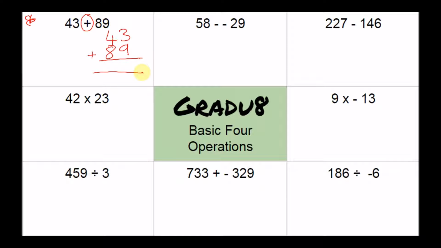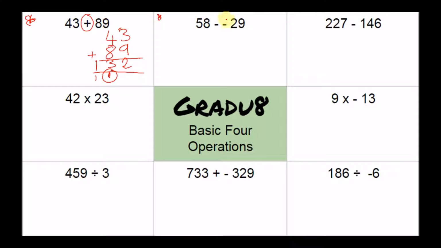So I've got 3 here, add my 9, 3 add 9 is 12, I'm going to carry the 1 and put the 2 underneath there, 4 add 8 is 12, add this 1 is 13, so 3 here and carry the 1 gives me an answer of 132.